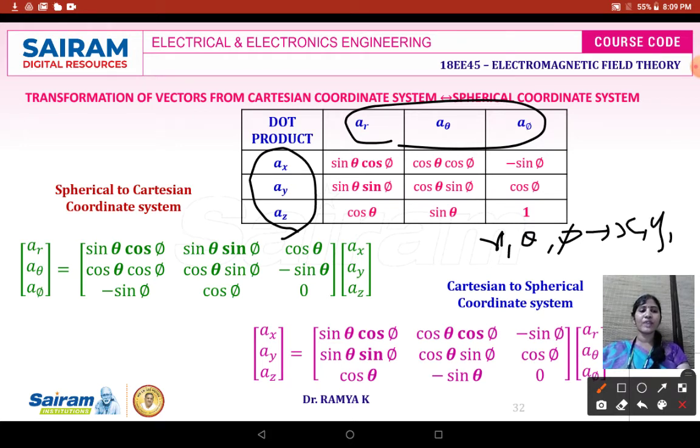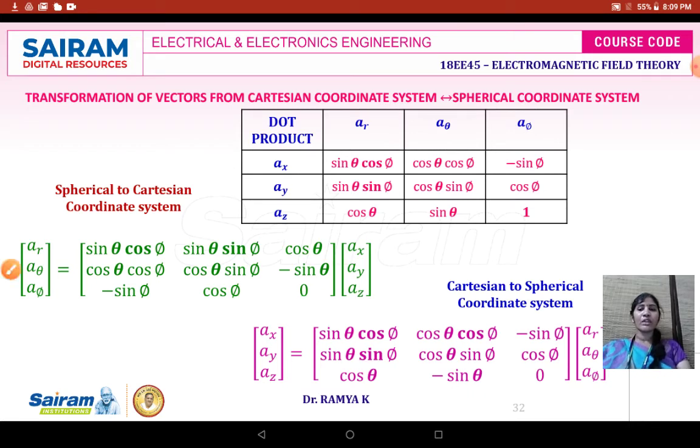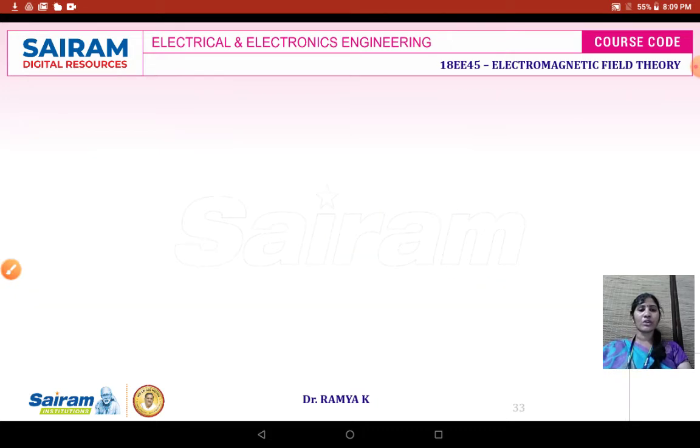You need to identify x, y, z, so you have to use this particular formula to convert spherical to Cartesian coordinate system. In case you wanted to convert Cartesian to spherical coordinate system, we have to use this formula, but before that we need to remember this particular table.